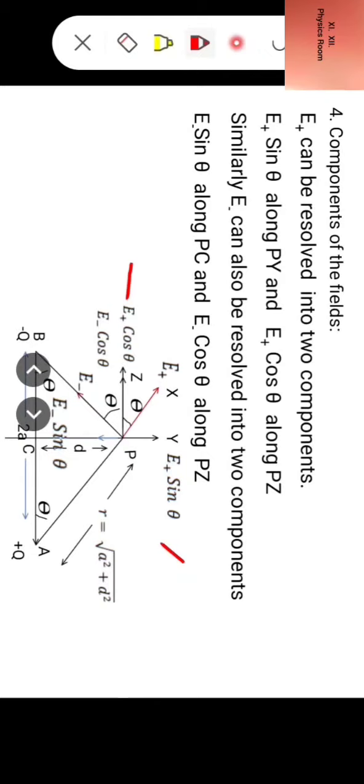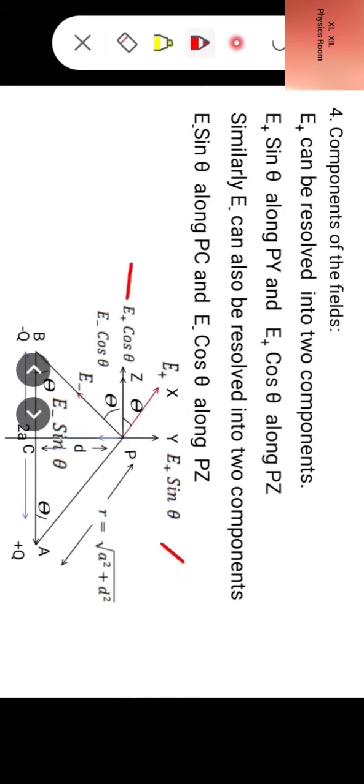Also angle ZPB is theta because it is an alternate angle to PBC, because PZ is parallel to AB and PB intersects as a transverse, so these angles would be the same.